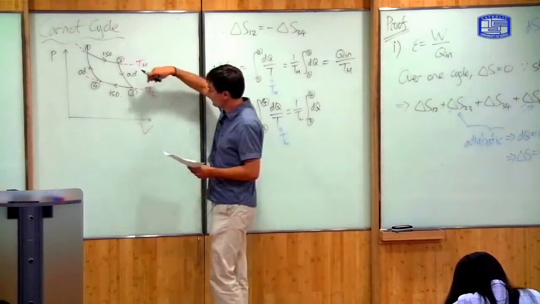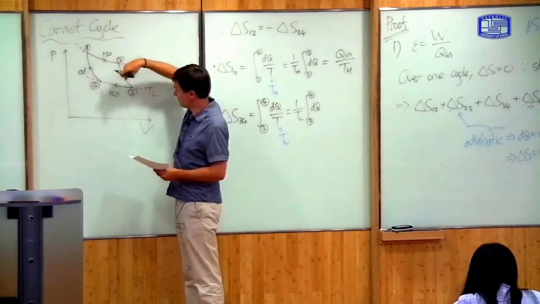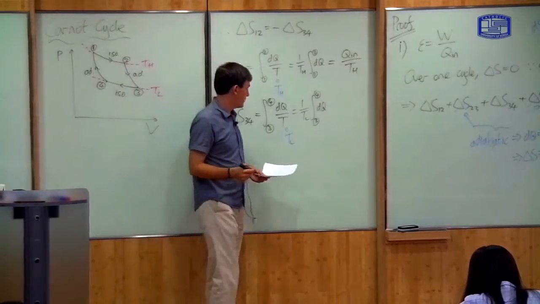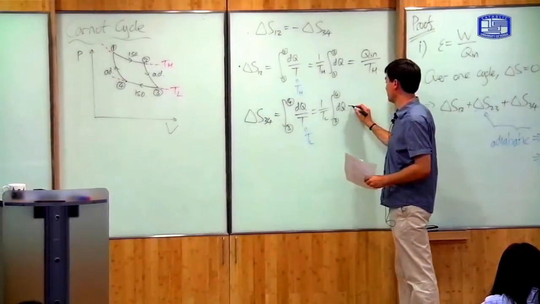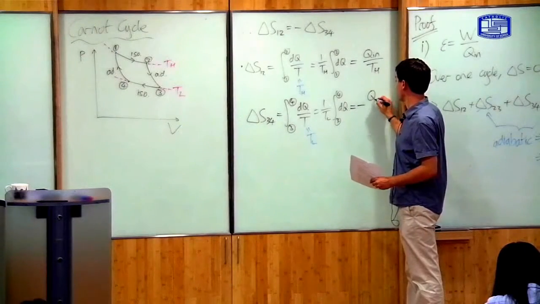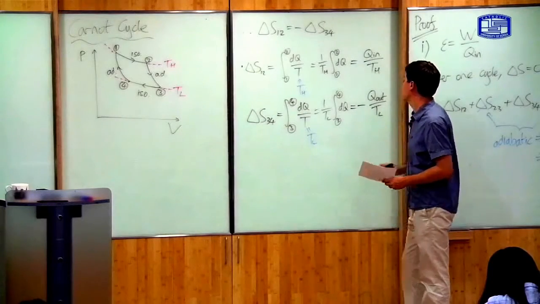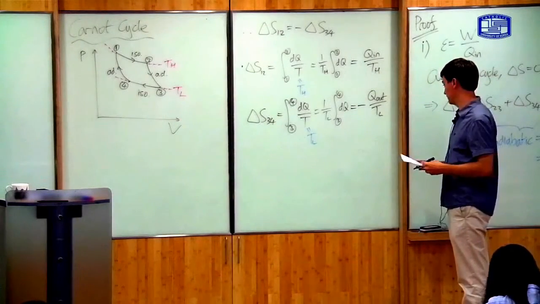But as I go from stage 3 to 4, I'm taking heat out of the system. This is an isothermal compression, so dq is negative, and this whole thing is equal to minus the heat taken out of the system divided by the minimum temperature of the cycle.